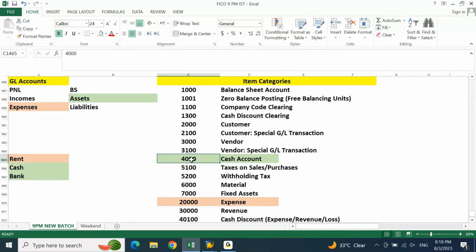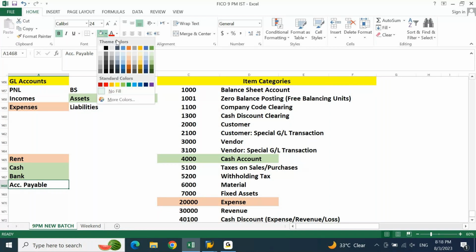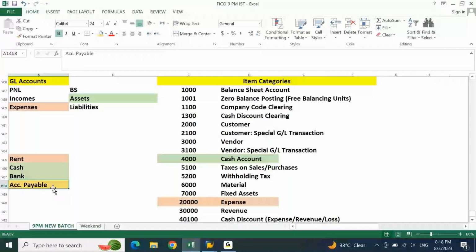Similarly, I'm talking about accounts payable. If I put a different color for accounts payable, we know accounts payable is all about vendors. We already discussed, when you talk about accounts payable, blindly map it to vendor. It is all about your vendor supplier. Accounts payable is a liability account.